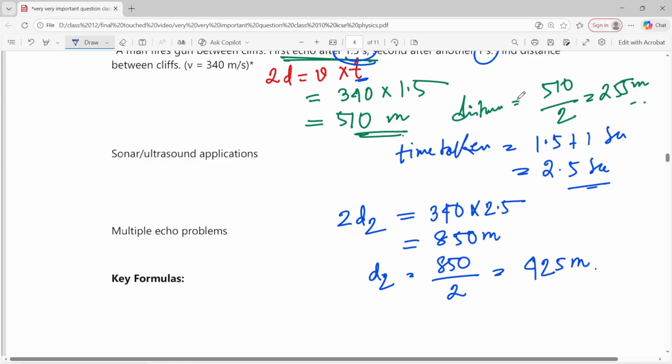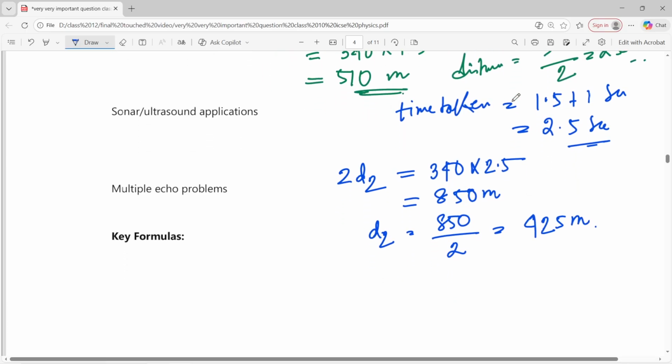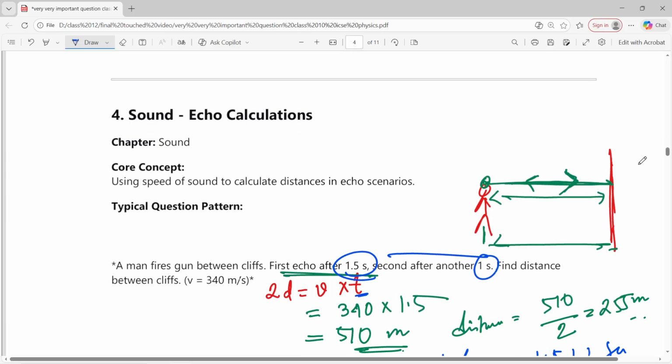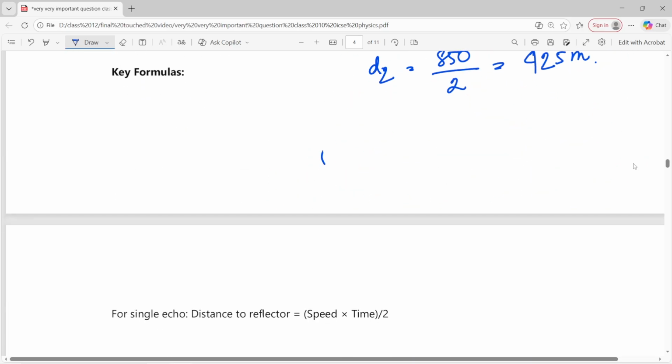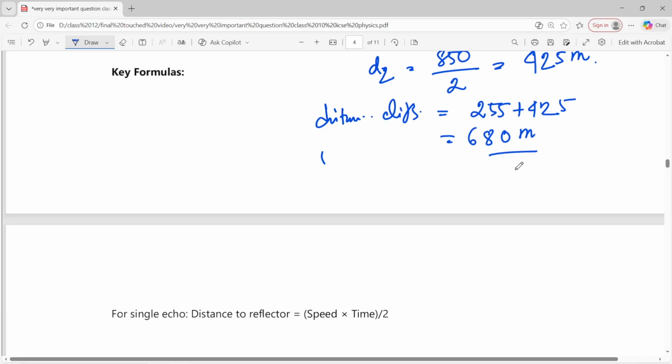The distance between the first cliff and the second cliff, between the two cliffs, is equal to 255 plus 425, and we get 680 meters. That's the distance between two cliffs.